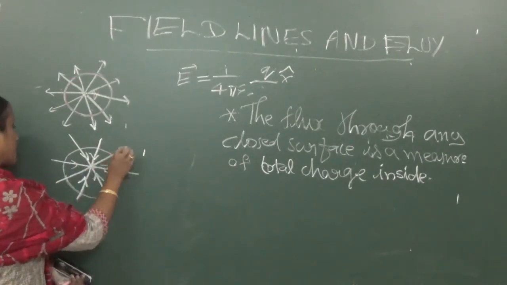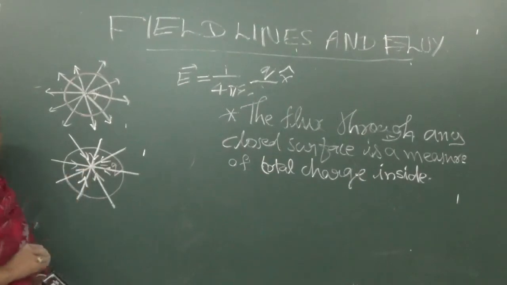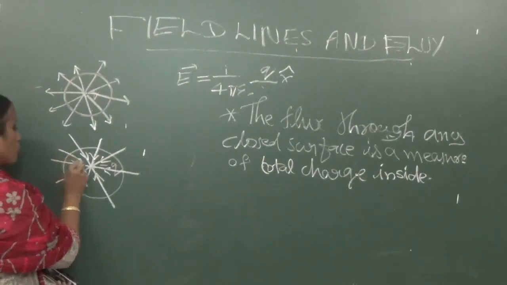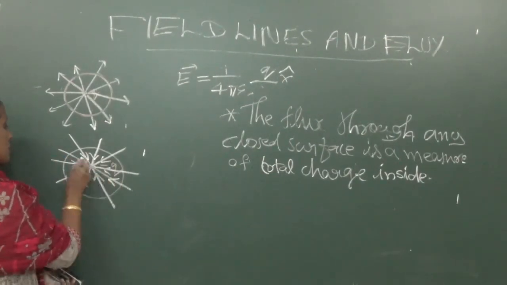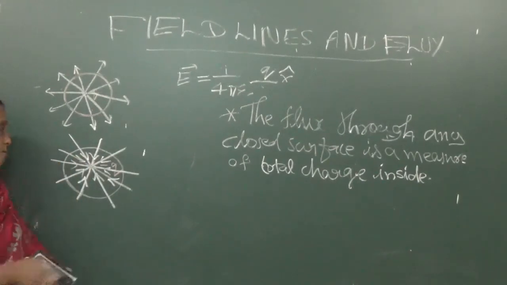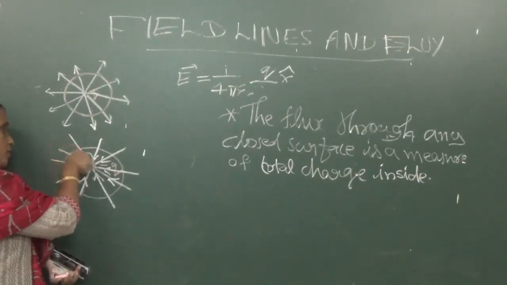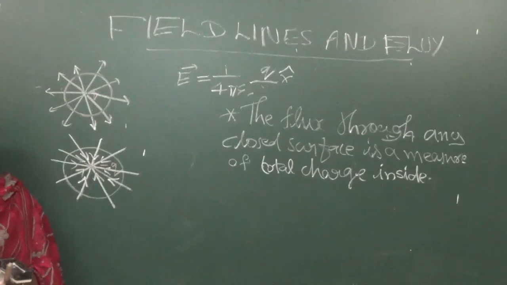All these field lines pass through this surface S. But this time, these field lines are pointing towards my negative charge.